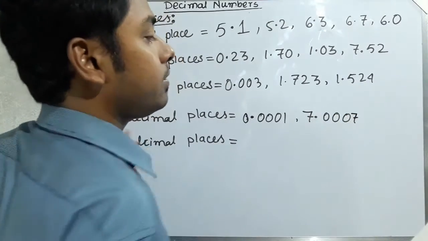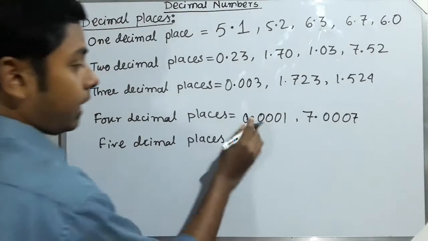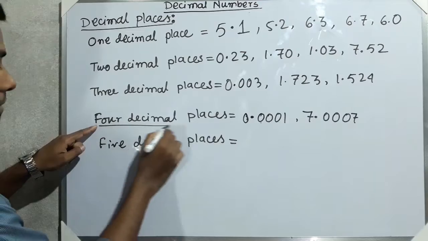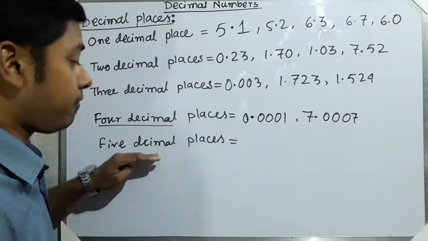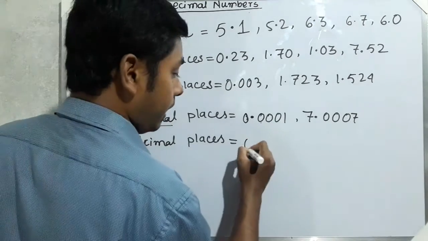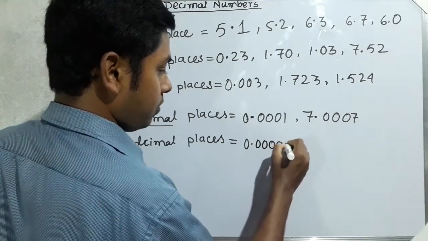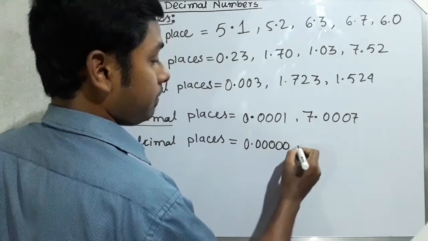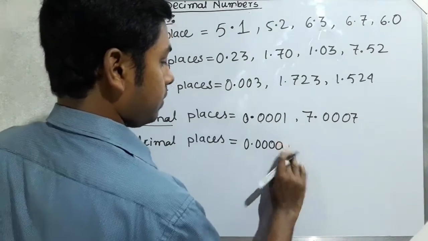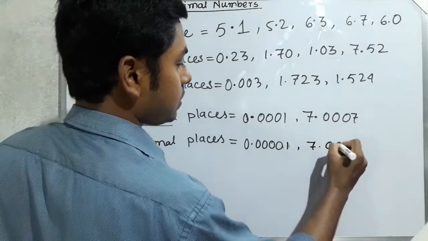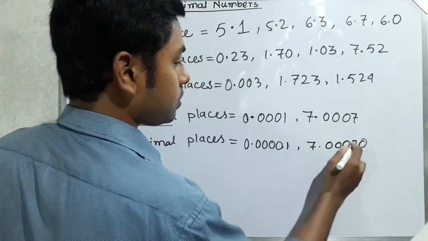You can see after the point how many digits, 1 2 3 4, so it is called four decimal places. And five decimal places, same thing, after the point five digits: 7.00001, 1 2 3 4 5.